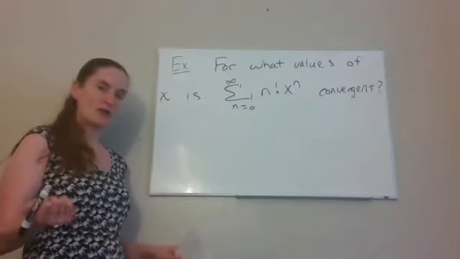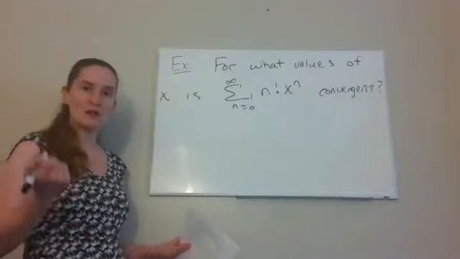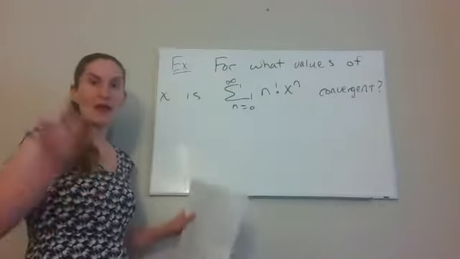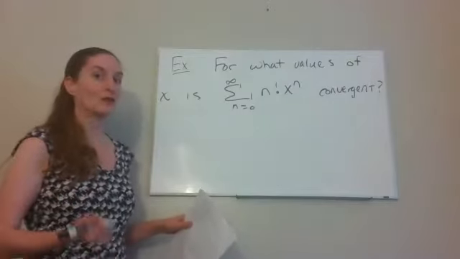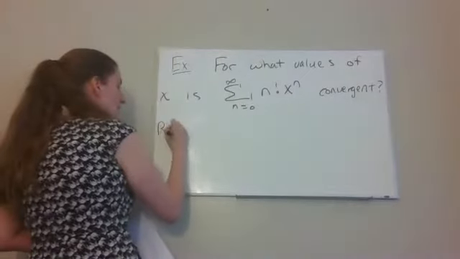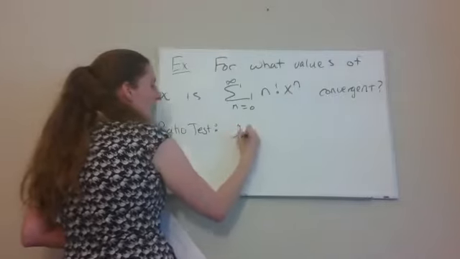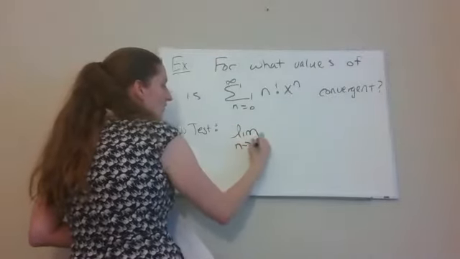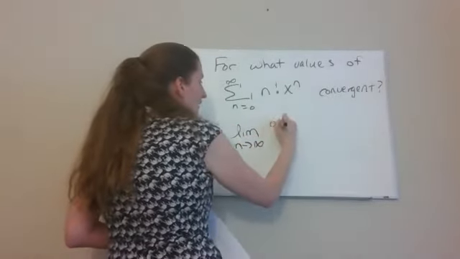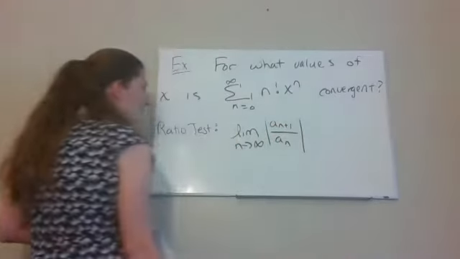And when we're using this ratio test to figure out if a power series converges or diverges, let's use the version that uses the absolute value bars. So the ratio test for absolute convergence. So by my ratio test, I'm going to look at the limit as n goes to infinity of a_(n+1) over a_n in absolute values.